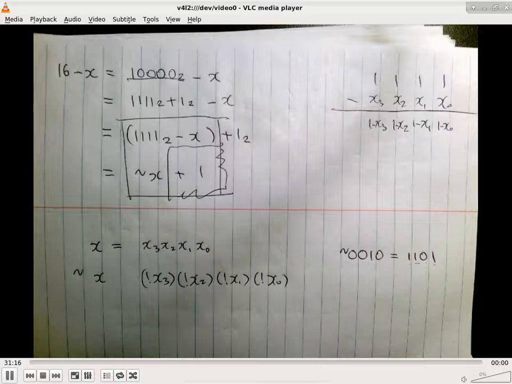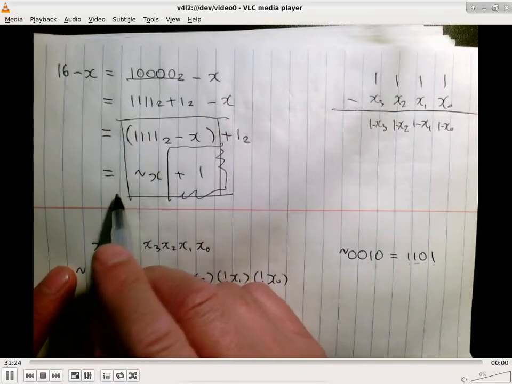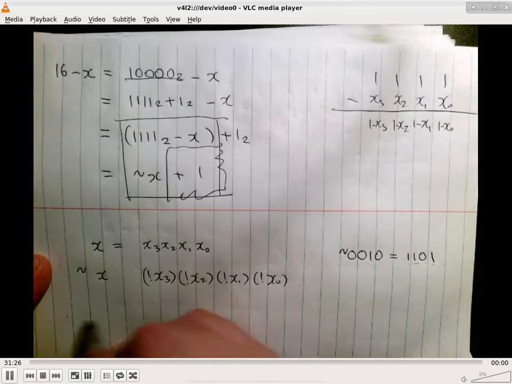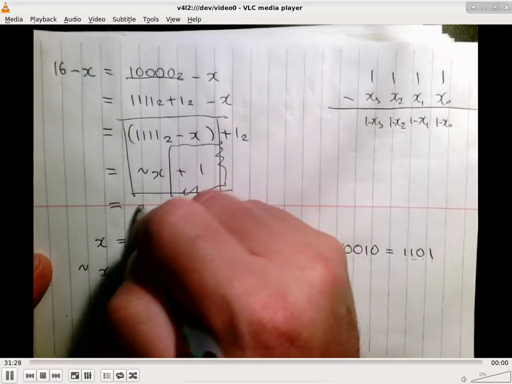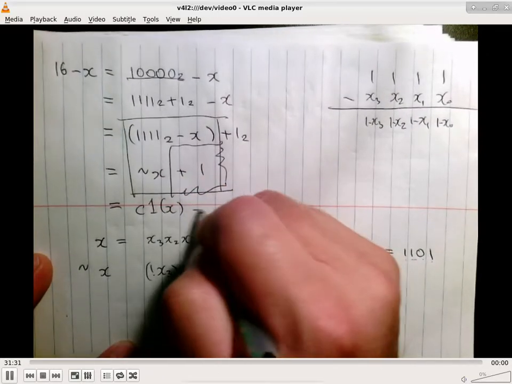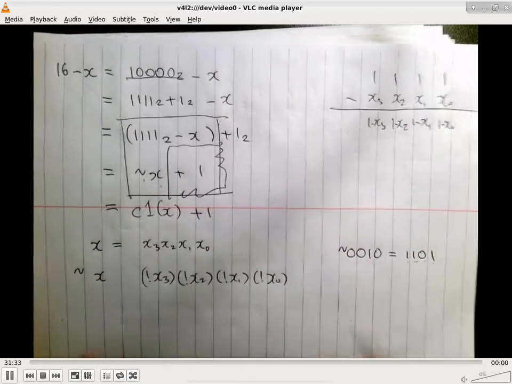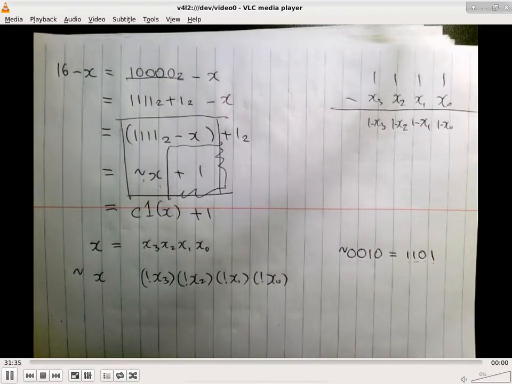So far so good? All right. So that is the final form. When we take this one, it is also known as the 1's complement of x, plus 1. Bitwise not is also known as 1's complement. That's just the definition. Is that okay?